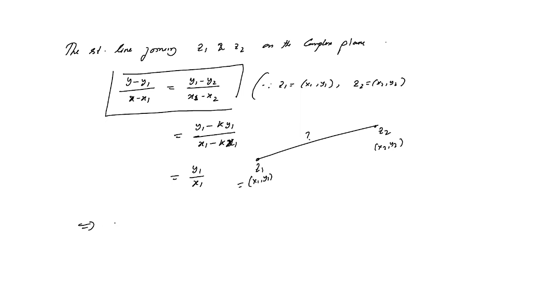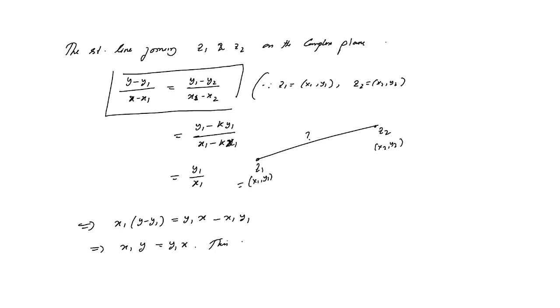So we get x1 into (y minus y1) equals y1 x minus x1 y1. That means we can write x1 y equals y1 x.